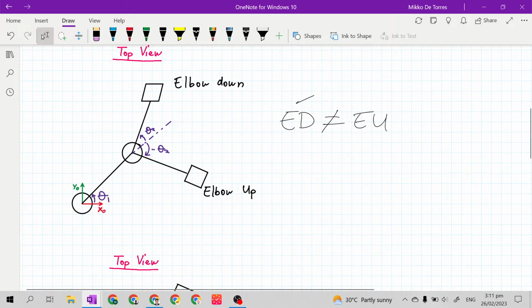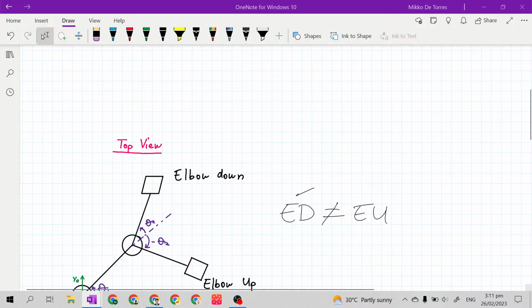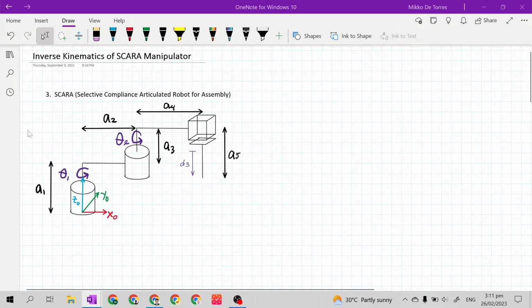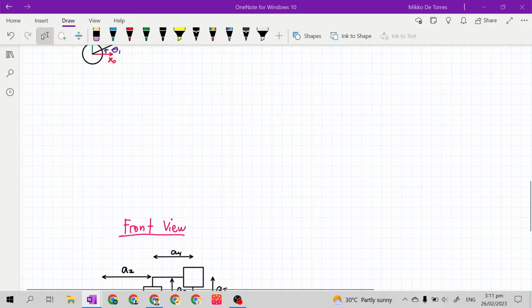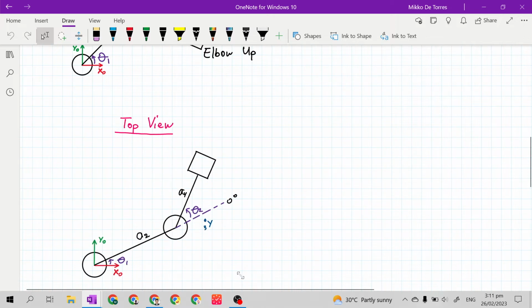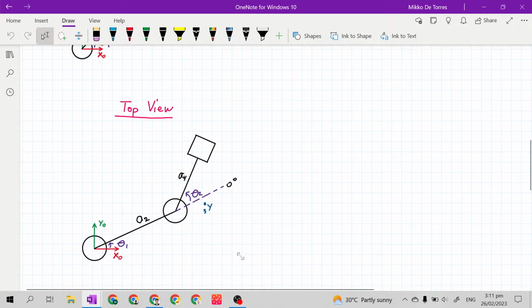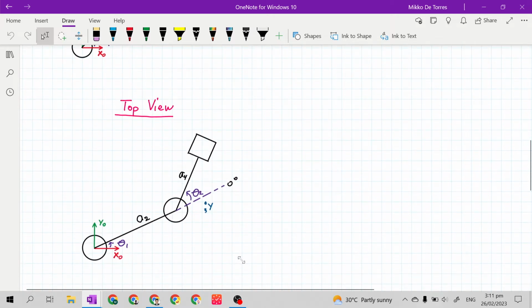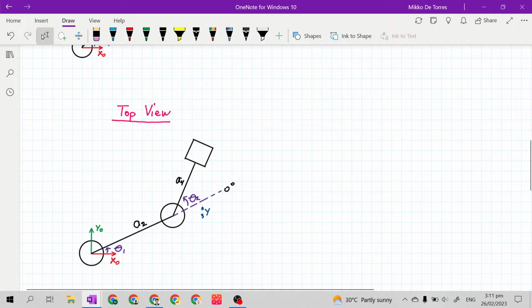So to start our derivation of the inverse kinematic solution, we will redraw our SCARA manipulator into this top view. So this is the top view. At top view, this is elbow up, so we will use the positive angle.